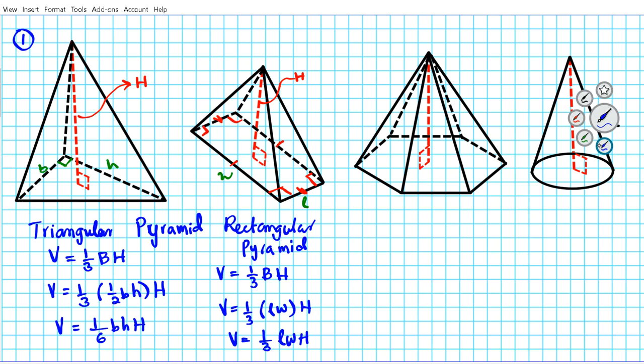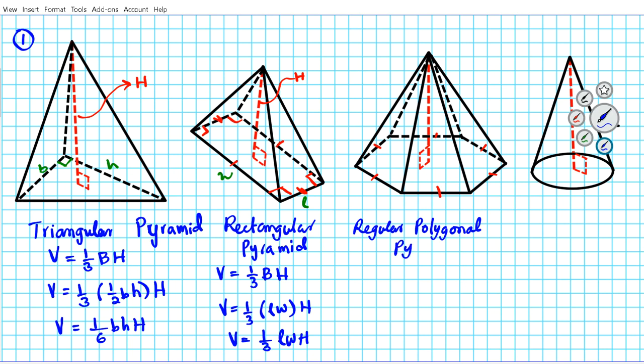Okay, the next one, in particular, the base is a hexagon. So let's say we're just trying to write down the formula for a pyramid with a polygon base, let's call it a polygonal pyramid. All right, so let me make some markings here. Let's just name this a regular polygonal pyramid.